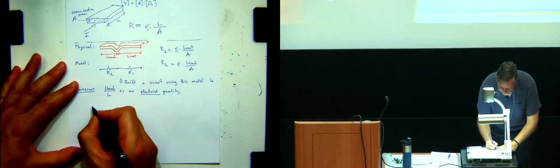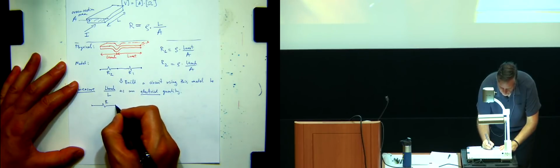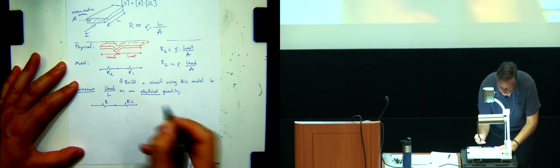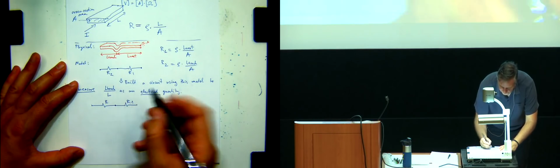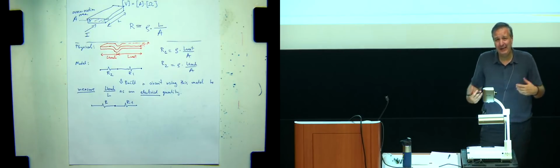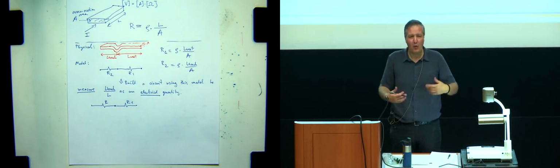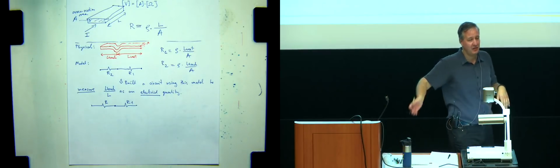Again, I have my R2. I have my R1. And what I'm going to do is I need to at least add something that creates a motor force that creates a movement of charges around.